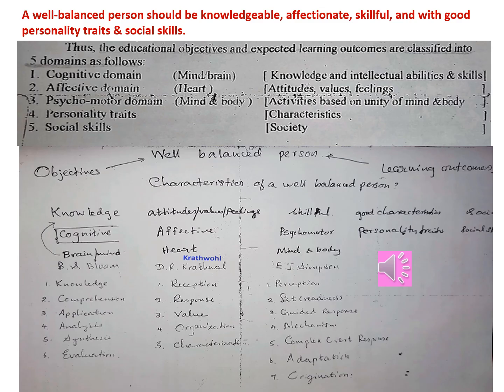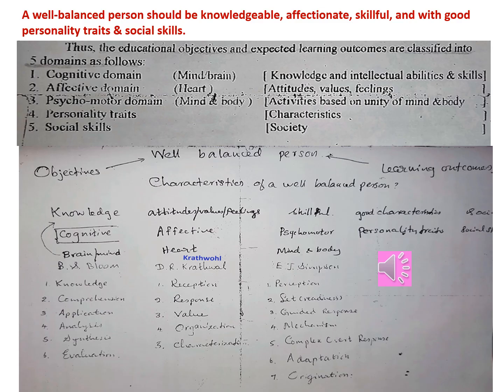right? It deals with mind. Knowledge deals with mind or brain, right? So what do you mean by cognitive domain? The knowledge and intellectual abilities and intellectual skills, right? Memory, ability to remember. Then the second one is affective domain.